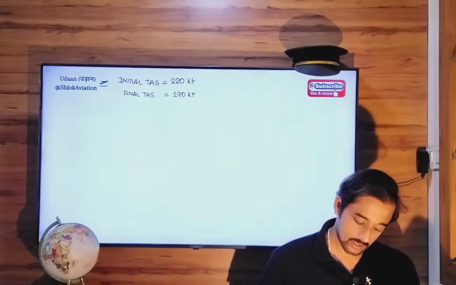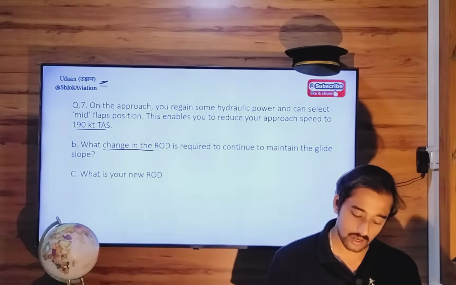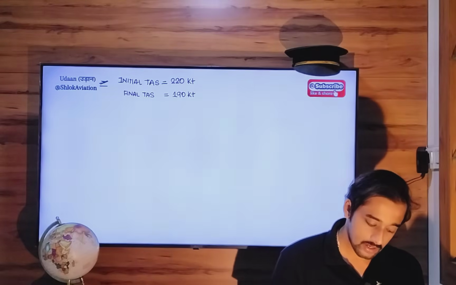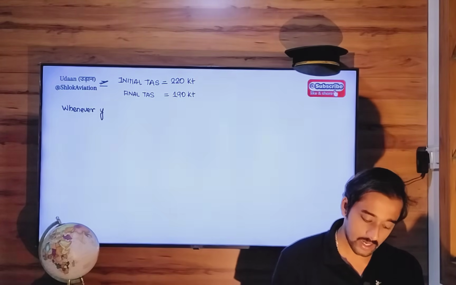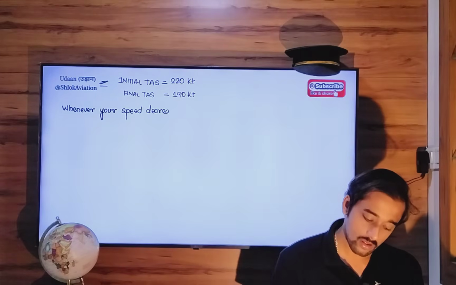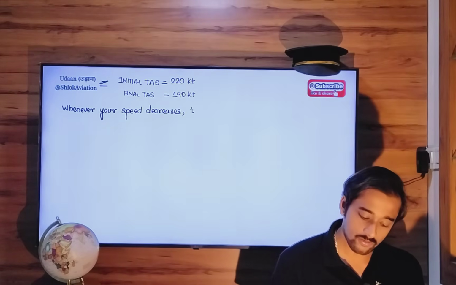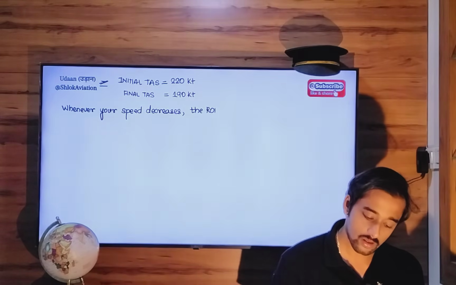We have to find out the change in the rate of descent required. Now, whenever the ground speed decreases, the rate of descent increases.